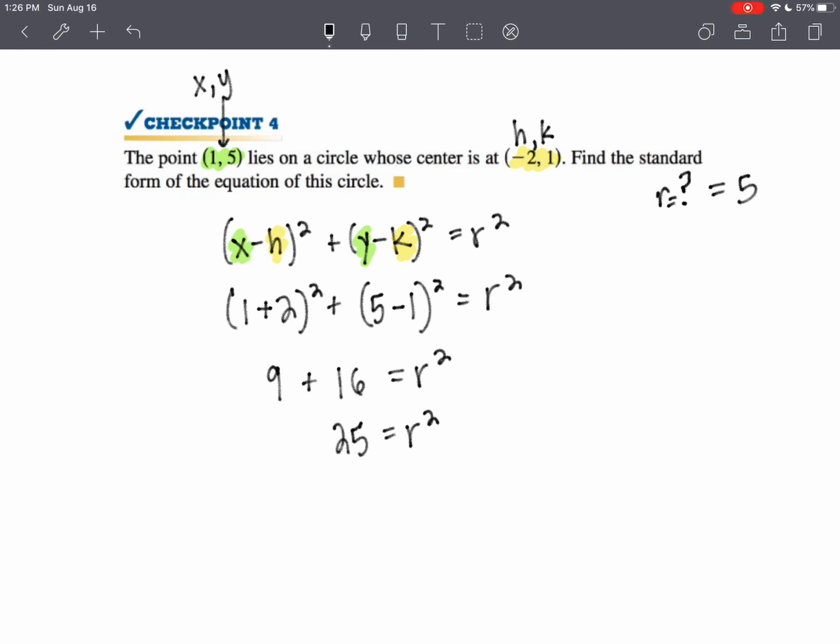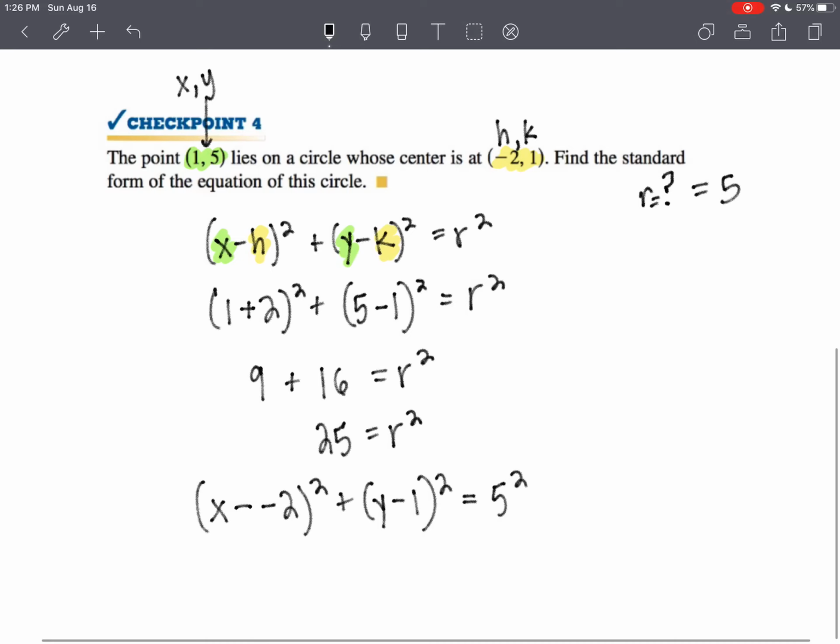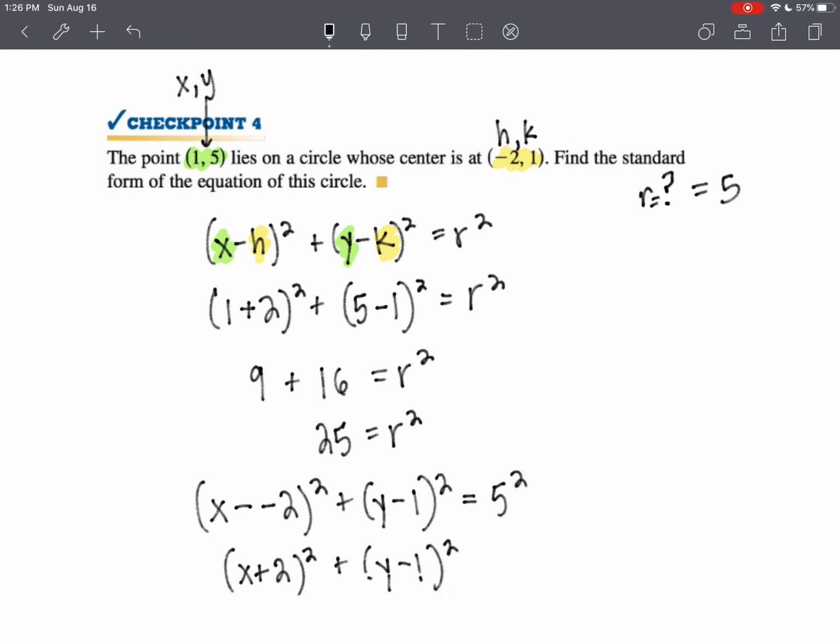And I can throw this back in. (x minus negative 2) squared plus (y − 1) squared equals 5 squared, which is 25. Final answer: (x + 2) squared plus (y − 1) squared equals 25. And we didn't have to complete the square. Look at that. How fun was that?